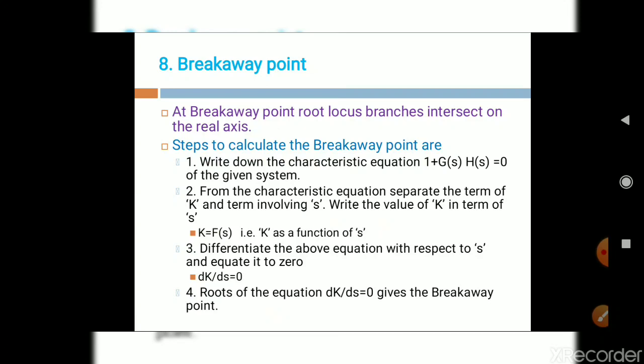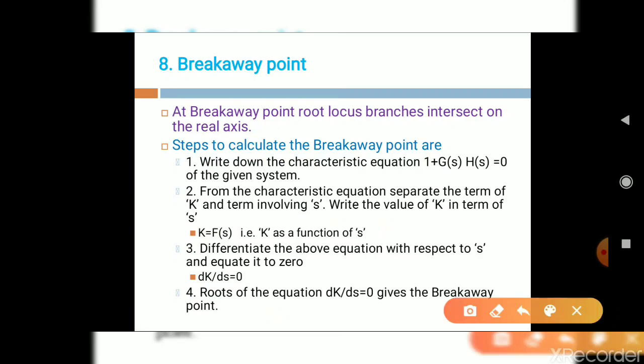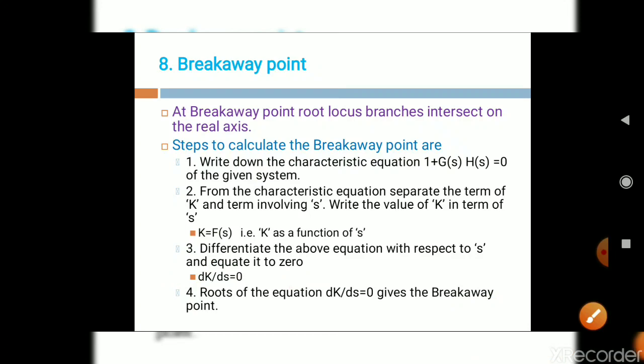Thirdly, I will take the derivative, dk/ds, and set it equal to 0, and after taking the derivative of this k expression, you will find the breakaway point.